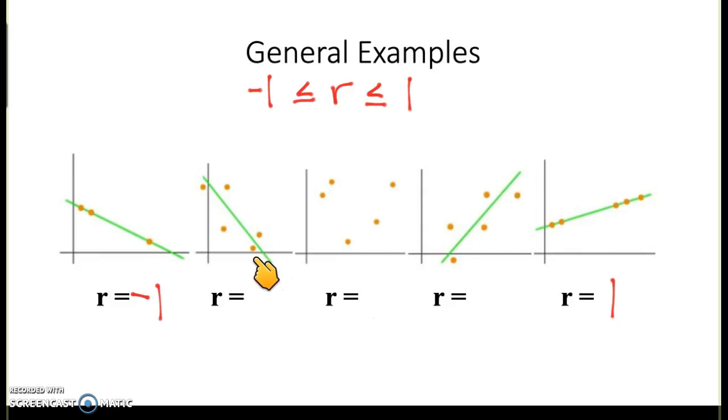But we want to try and estimate what the value of R is, which tells us how strong the relationship is. So this green line passes through the middle of those points, which is good. So it's a good estimation of those values, but they're not very close to the green line. So with this particular one, we could say that since they're decreasing, the value of R is going to be negative.